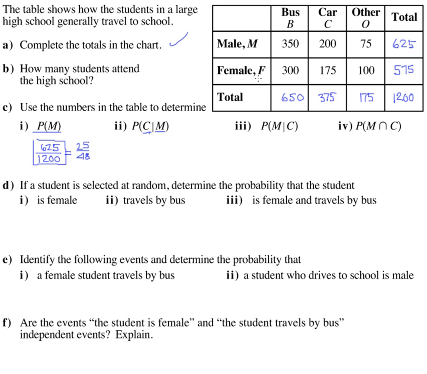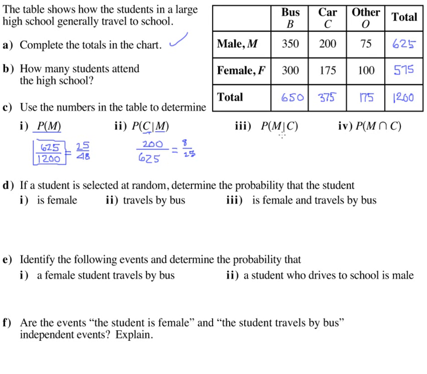So given that it's a male, there's 625 of them, of which 200 are car riders. If you reduce that, you get 8 out of 25, just under a third. So that's the probability that a student is a car rider given that they're male.